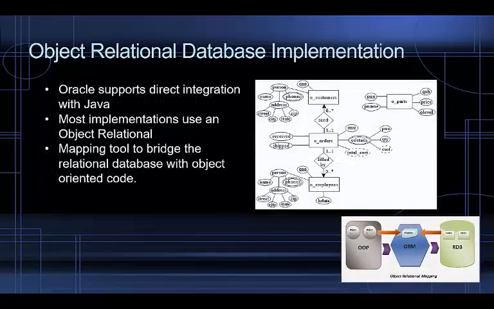The Oracle database supports direct integration with the object-oriented language Java through APIs. Support for a pure relational database is limited. However, more vendors opt to use a layer between the relational database and the object-oriented application code known as object relational mapping frameworks.